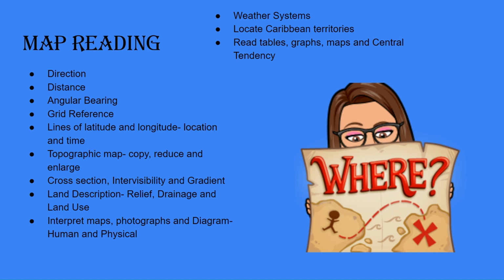You have to learn how to identify weather systems, as well as to draw weather systems on blank maps. You have to be able to locate Caribbean territories, and you have to be able to read tables, graph maps, and central tendencies. These are the topics that make up the map reading section of the CSEC Geography exam.